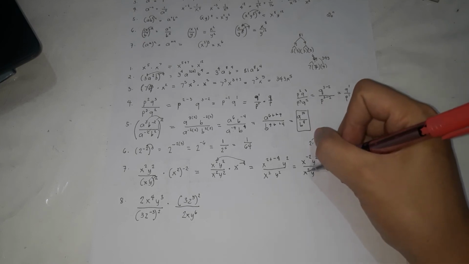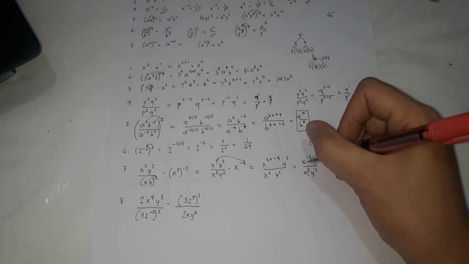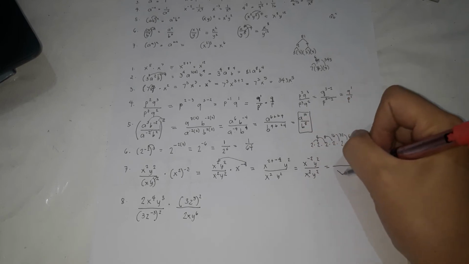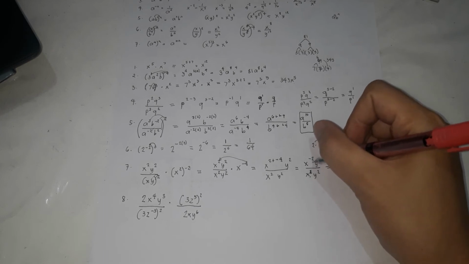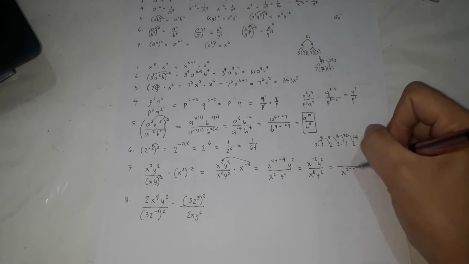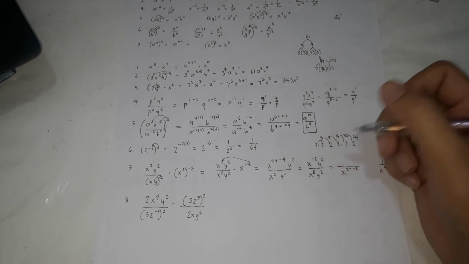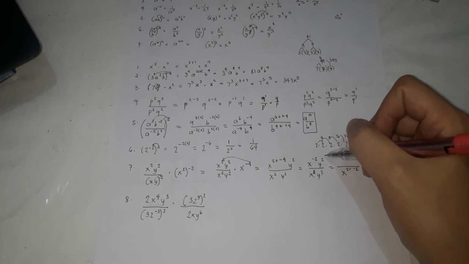Diba kung saan mas mataas, doon mas siya ibaba. So sa x, mas mataas dito sa baba. So ang mangyari niyan, x squared, minus negative 2. So x squared minus negative 2. So y naman, diba magkapareho sila ng exponent, you can simply cancel them.